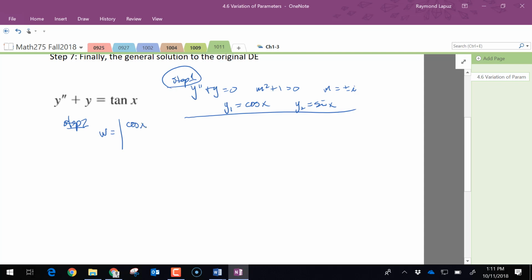So it's cosine x, sine x in the first row. The derivative of cosine is negative sine x. The derivative of sine is positive cosine x. So we have cosine squared x minus negative sine squared x, and the Wronskian is 1. So that's nice.